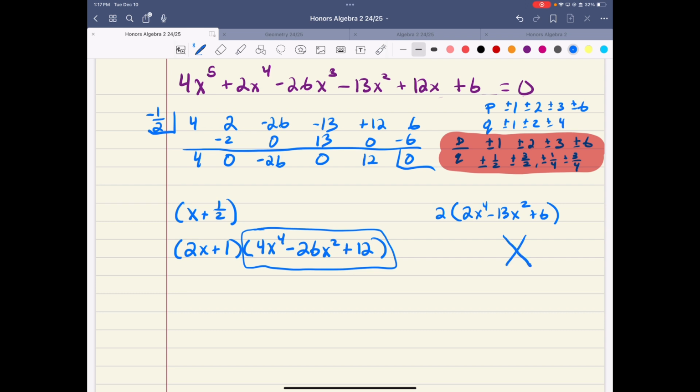Now, when we do the x method for this, you get 12 and negative 13. So negative 12 and negative 1. But you got to divide by 2. So that gives us 2x plus 1 times x squared minus 6 times 2x squared minus 1. Which I think if you left it alone, you got the same answer. It just would have been 24 and 2.